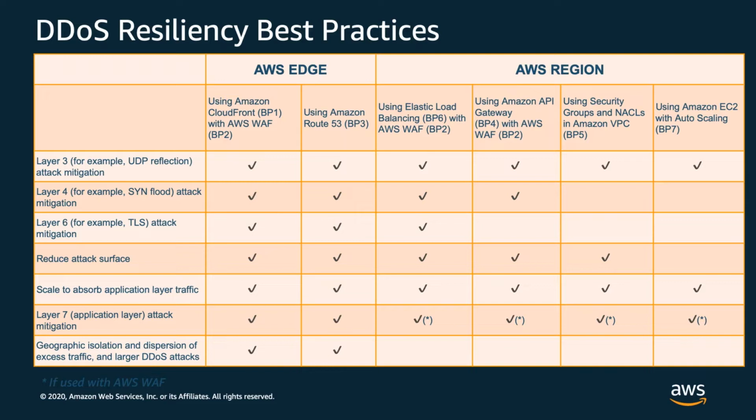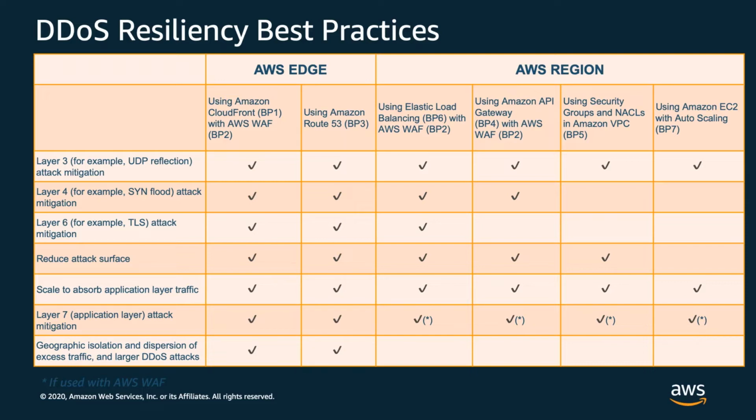And they also give you a geographic advantage because we have such a large edge network that spans the whole globe in more than 200 locations. That means that attack traffic would be drawn to an edge location close to the attacker, which moves that away from where your real users end up on our infrastructure. And this gives you geographic protection on top of all the other known vectors.